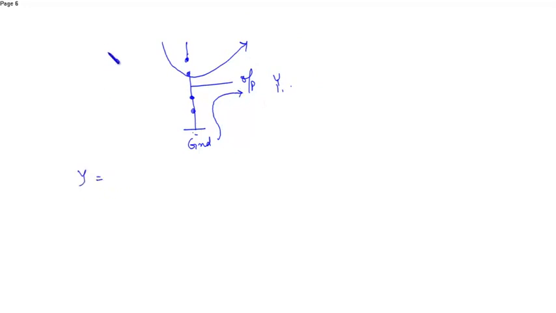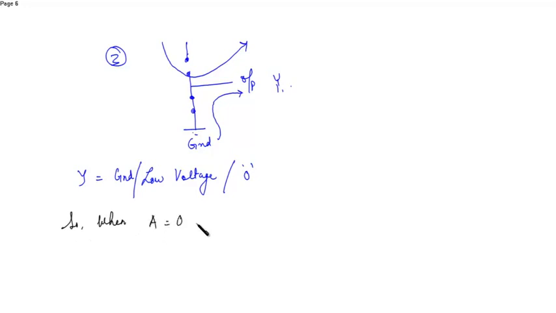So Y is equal to ground, the third state for the first condition, or you can say low voltage or 0. So when A is equal to 0, the output is also equal to 0. Now this is verified from the truth table.